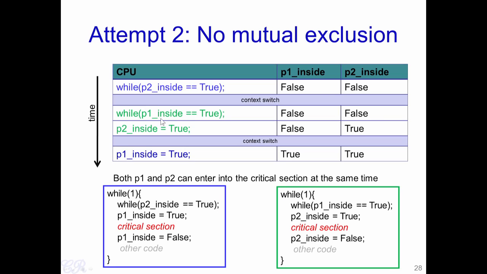So, here we see we have a state where P2 underscore inside equal to true, indicating that P2 is in the critical section, as well as P1 underscore inside equal to true, indicating that P1 is also in the critical section. Therefore, we are not able to achieve mutual exclusion.